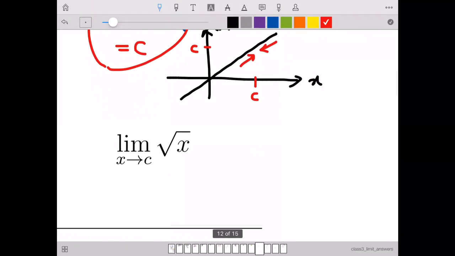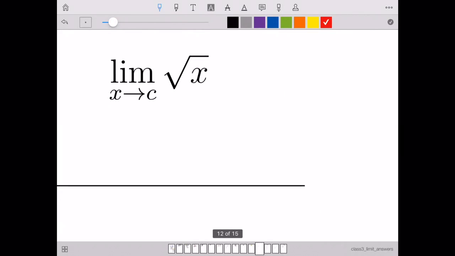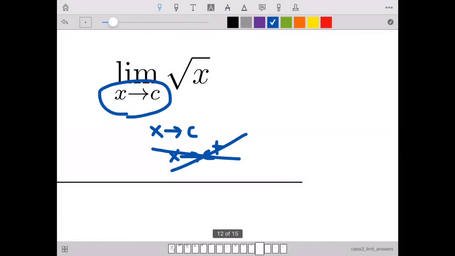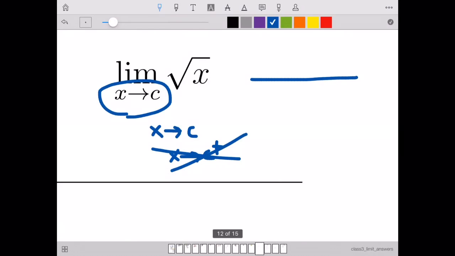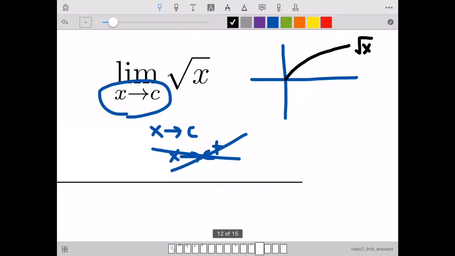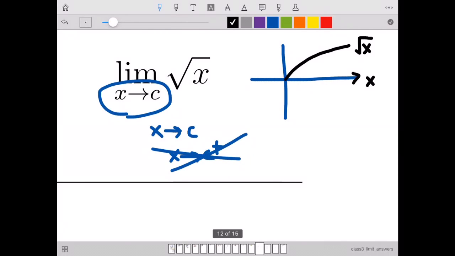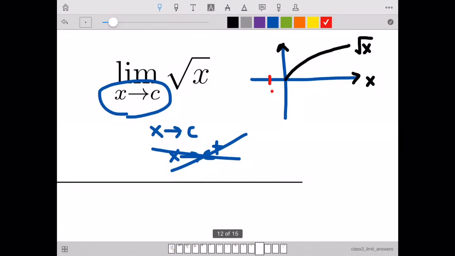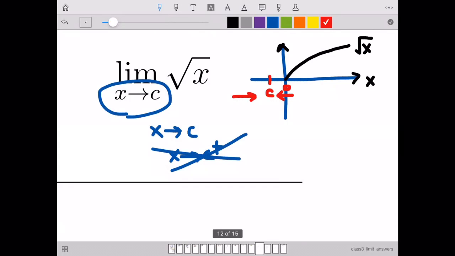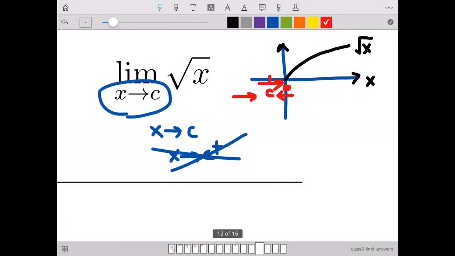And then the limit as x approaches c of the square root of x. So since it is x approaching c, not x approaching c plus, right? As we have seen in the previous problem, the graph goes like this. This is x. So c cannot be here because we cannot approach c from the left. And c cannot be 0 because we cannot approach 0 from the left.